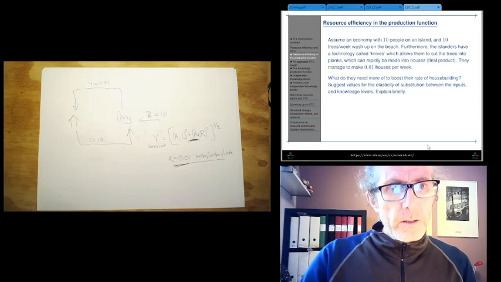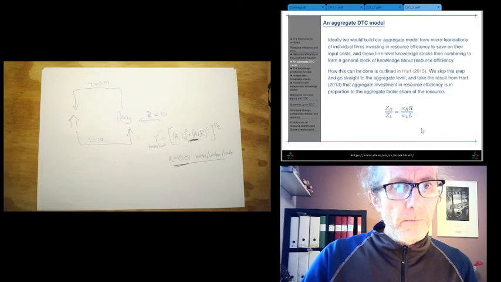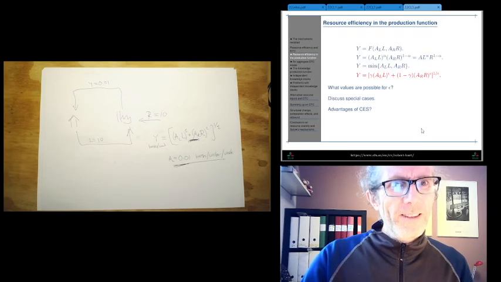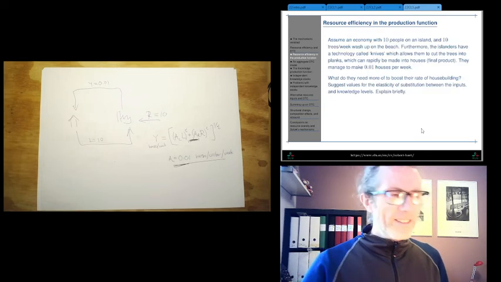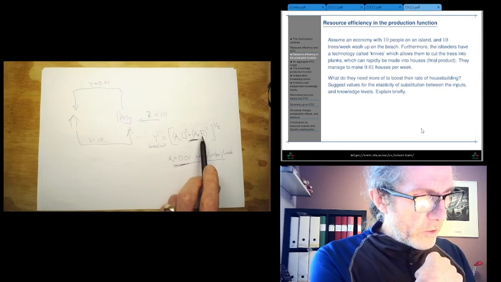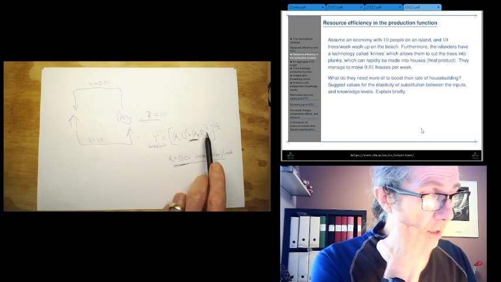Or maybe I'm doing things in the wrong order here. Checking my notes. Okay. How substitutable are workers and trees?